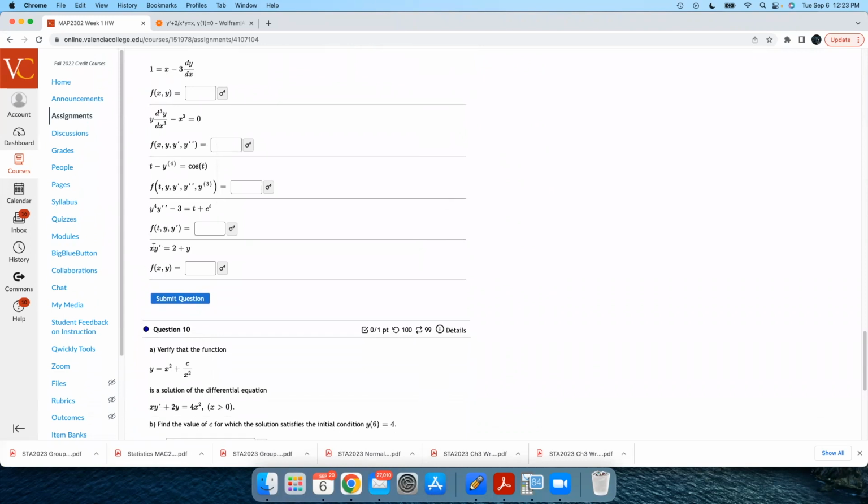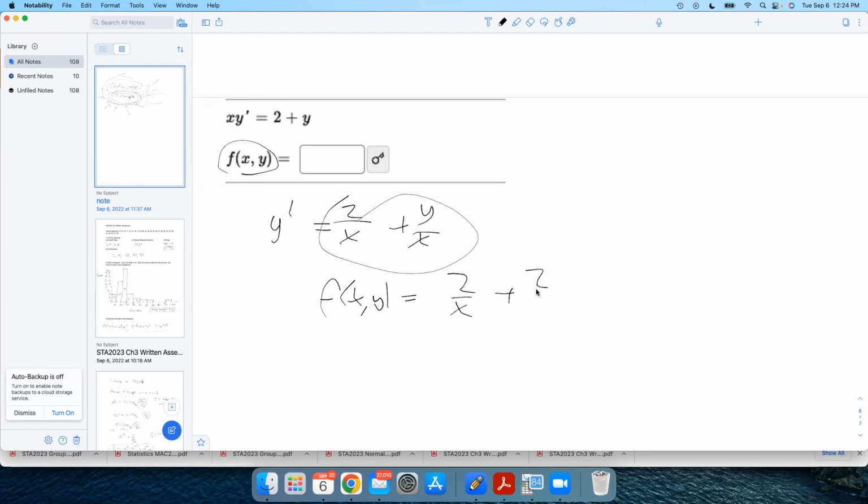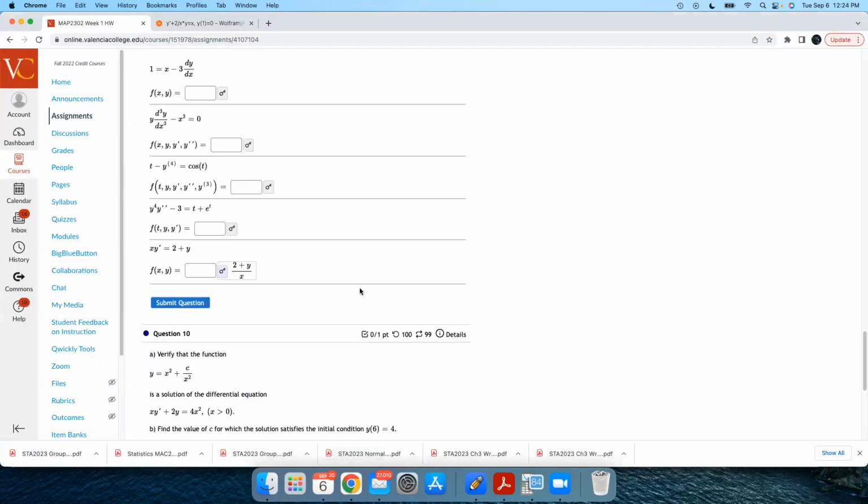So in this one, I'd be solving for that y prime right there. I'm literally just dividing everybody by x. And then this function they're looking for is just this right side. So that f of x, y that they're asking me to write out would just be this stuff.